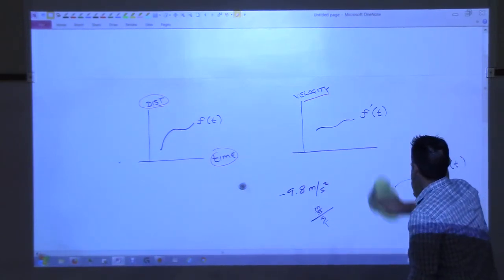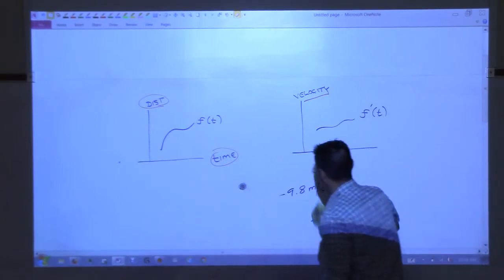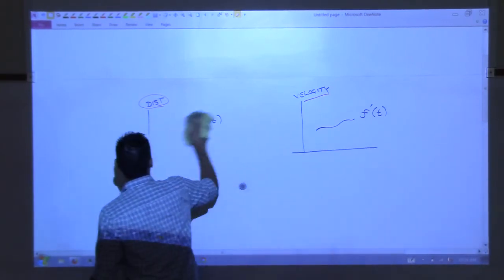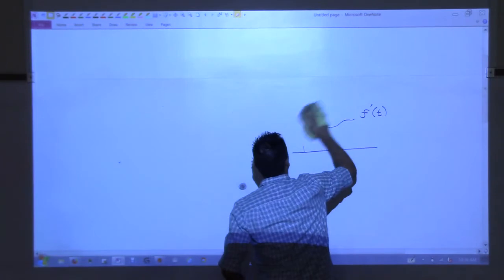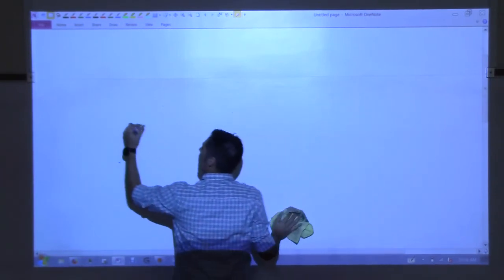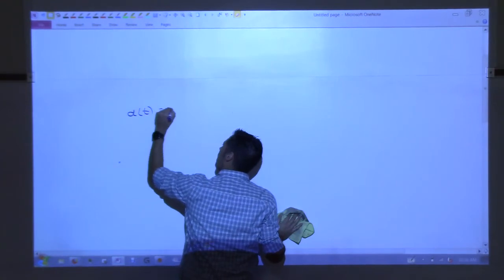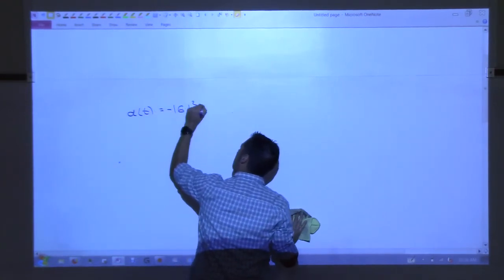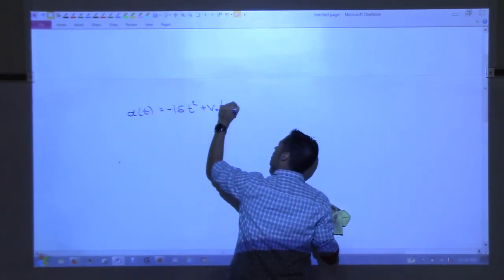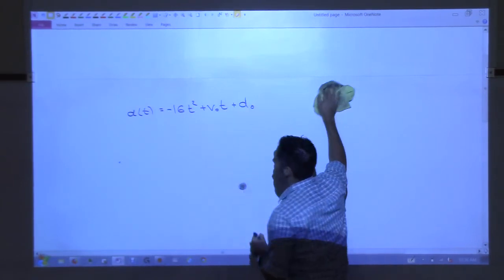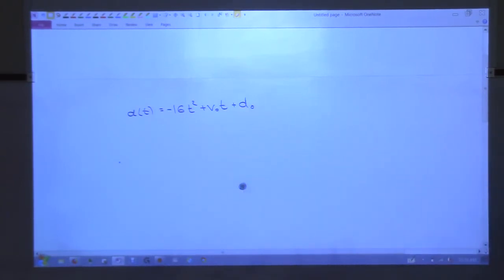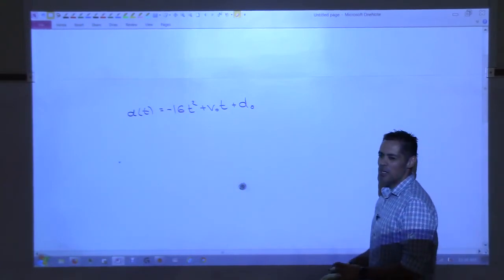Okay, how many of you remember this from college algebra? I don't know how many of you saw this, but we have d of t equals negative 16 t squared plus v naught t plus d naught. Does anybody remember seeing that formula? It looks familiar?